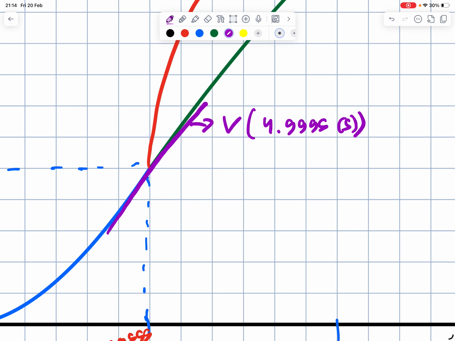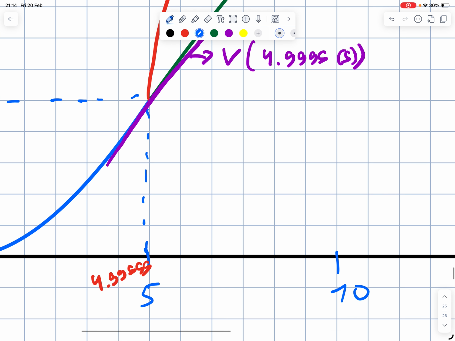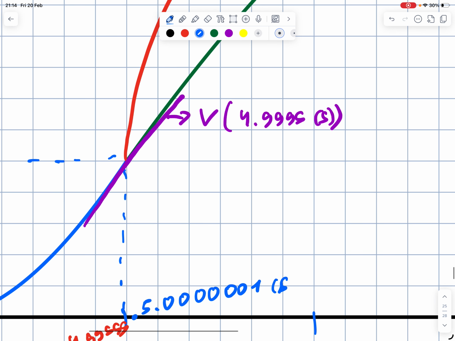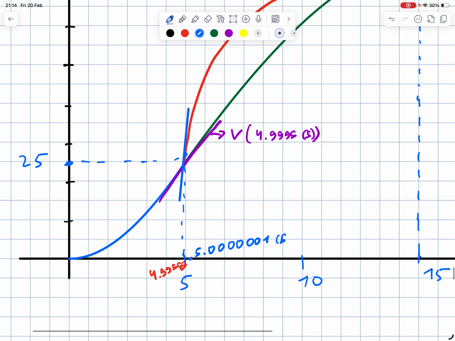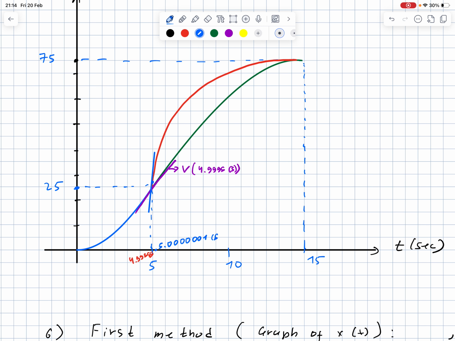But if you look at this slope here, let's say the point is 5.00000001 seconds, then the slope is like this, bigger. So we have a smaller slope slightly before 5, and slightly after 5, the slope became bigger.